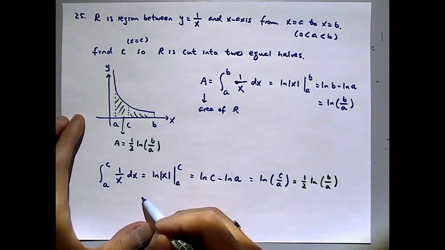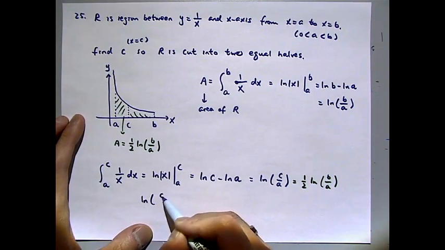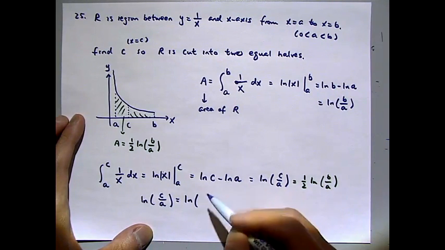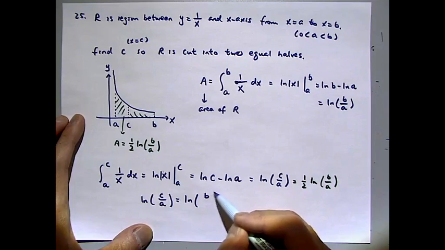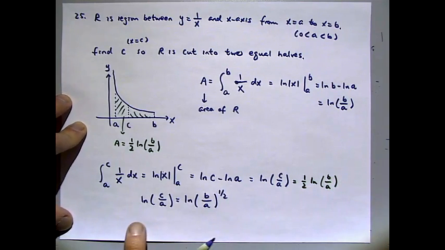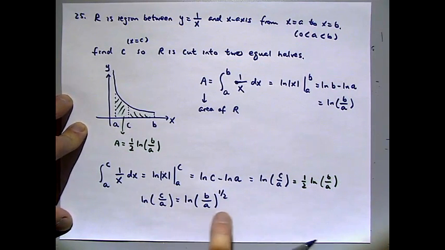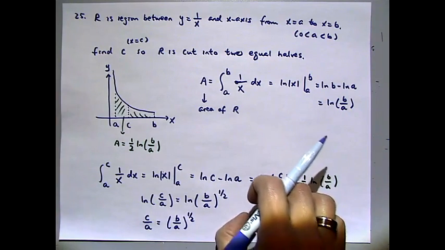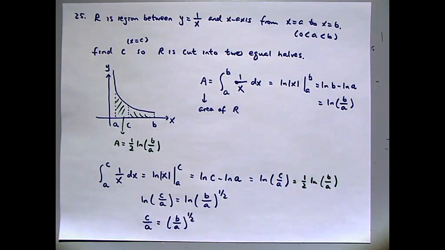There are a couple ways you can do this. We can say natural log of c over a is equal to natural log of b over a to the 1/2. So we have natural log of something equal to natural log of something else. That can only be true if c over a is equal to b over a to the 1/2. If they have the same natural log, then they must be equivalent.